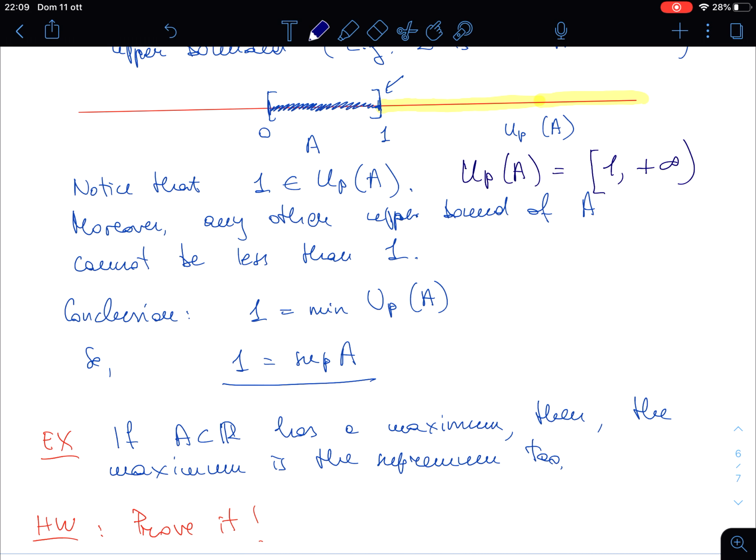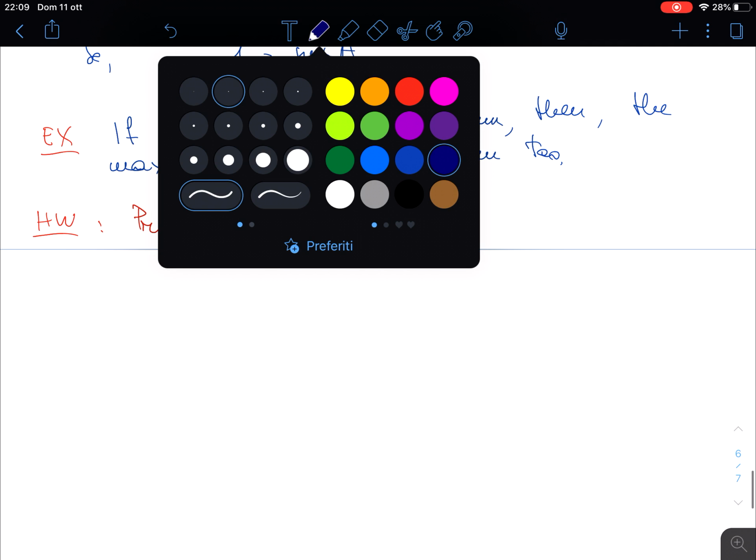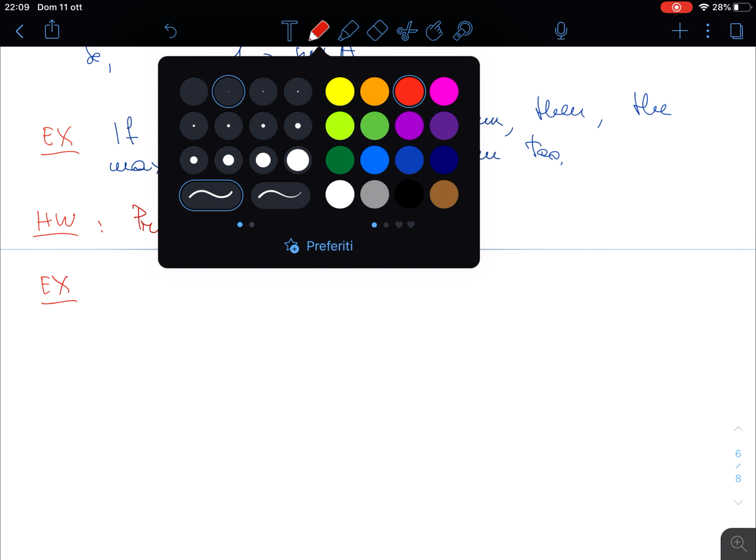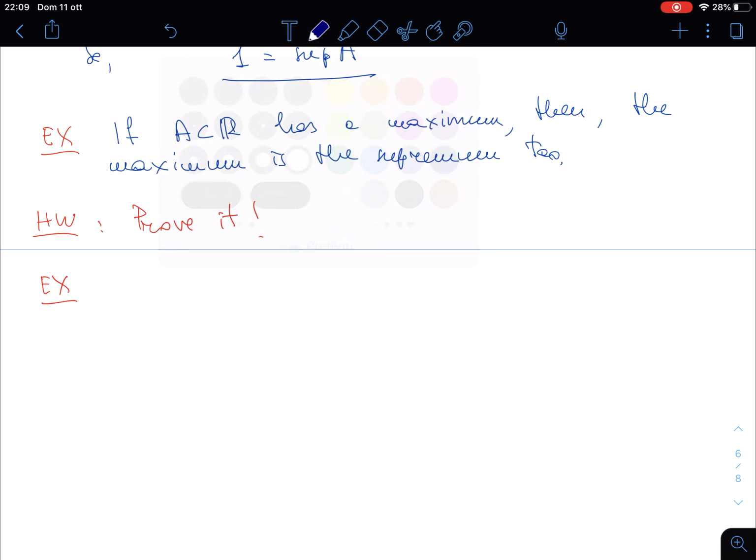Okay. So let us go to the second example. Again, it is taken from the last example we did. We have A equal to 0 closed, 1 open.